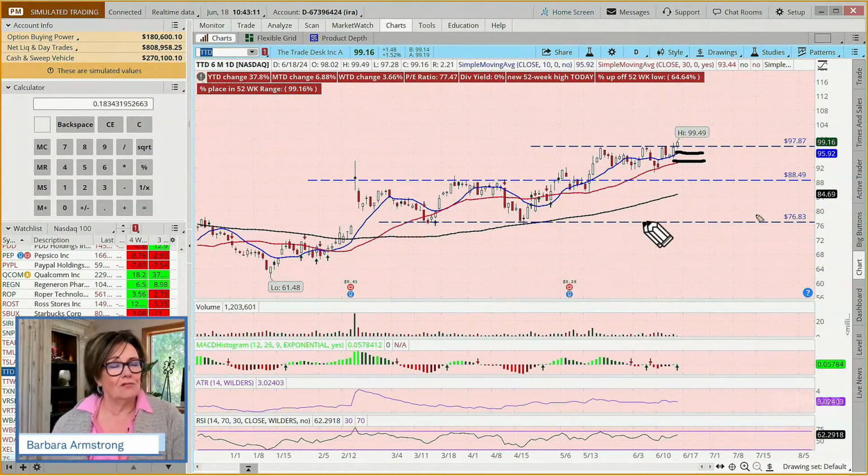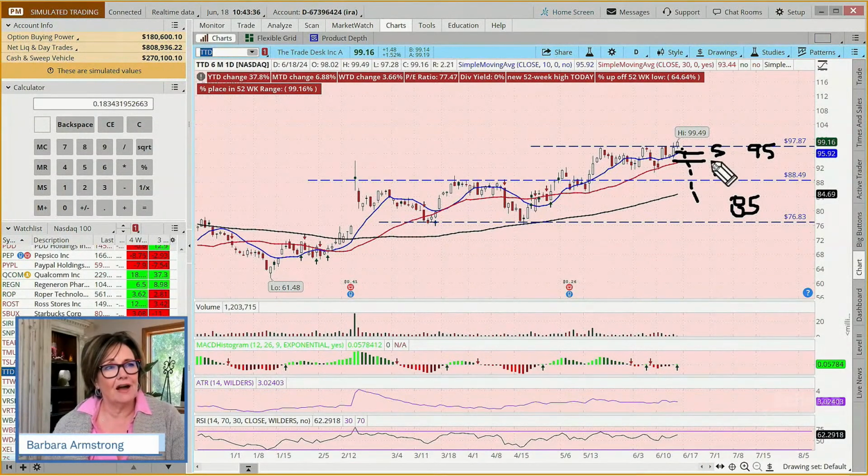Now, just quickly, because somebody has asked, what happens if it goes awry? Well, let's say we had placed this trade and then the stock goes down below both strikes, and it's not even expiration, and we're assigned this stock at 95. Let's say it's down here trading at 85.